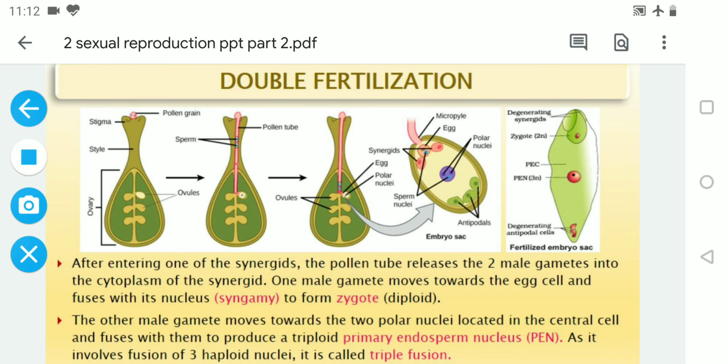See, observe the diagram they have given neatly. In the first diagram, on the left side, they have given the complete structure, and that is the indication of pollination. The pollen grain is placed on the surface of the stigma. Then in the second diagram, you can identify the growth of the pollen tube, isn't it?